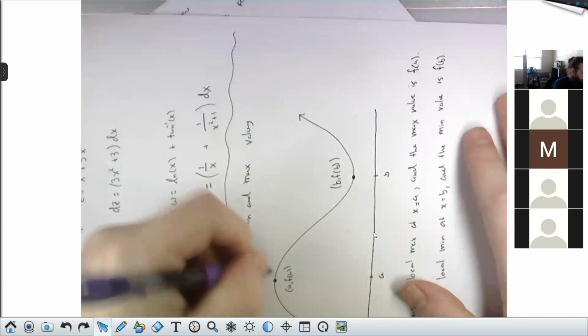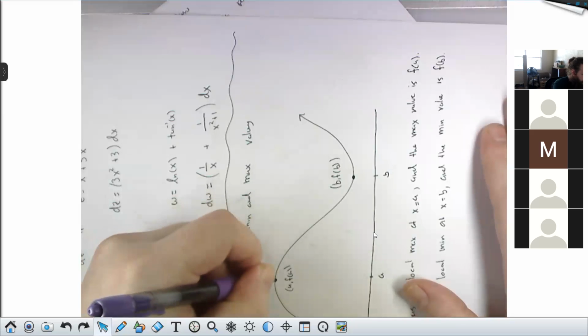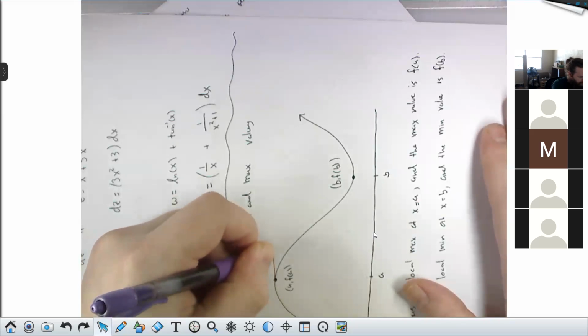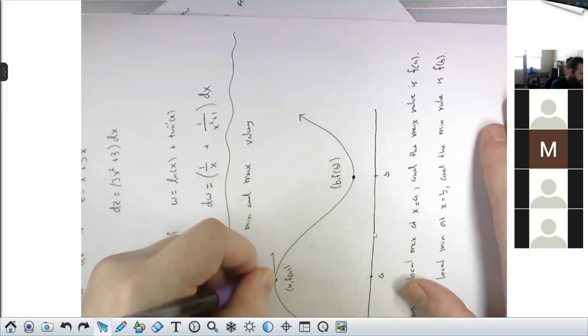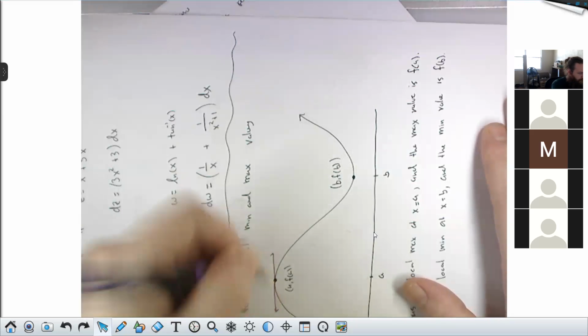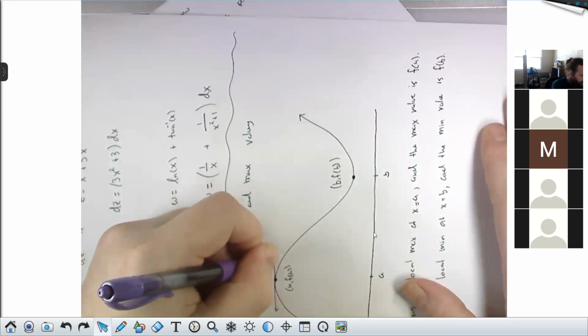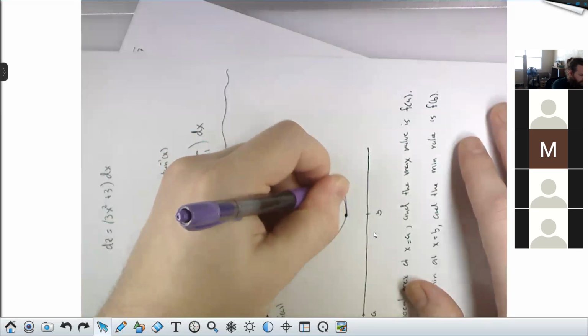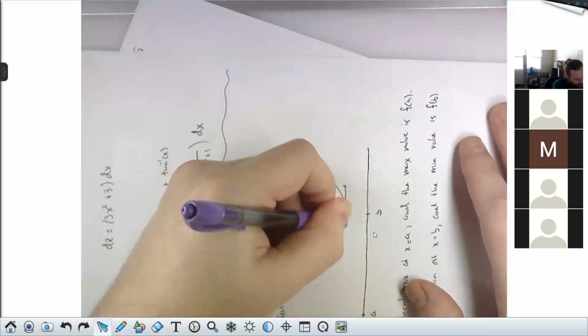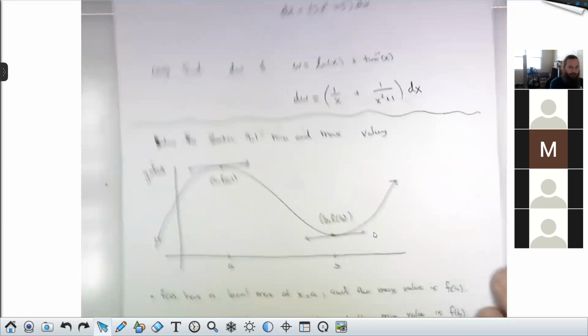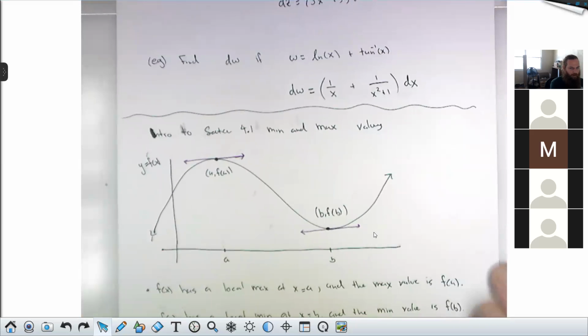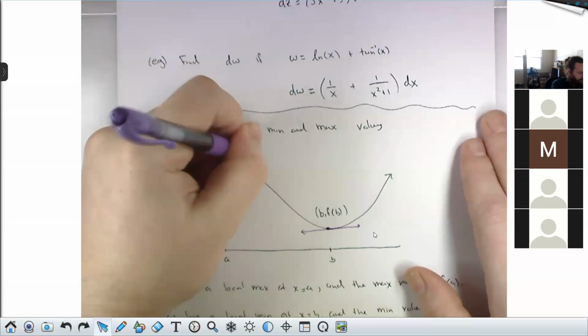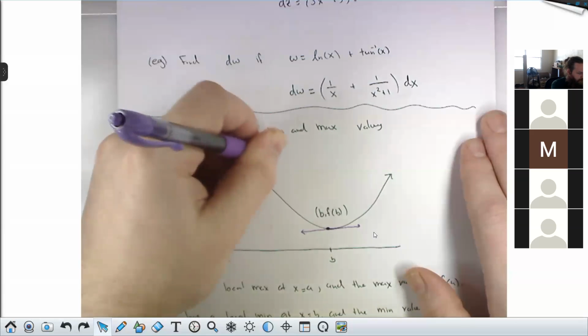If you imagine your tangent lines at both these points, they're definitely horizontal. My art is bad, but yeah, we have a horizontal tangent.